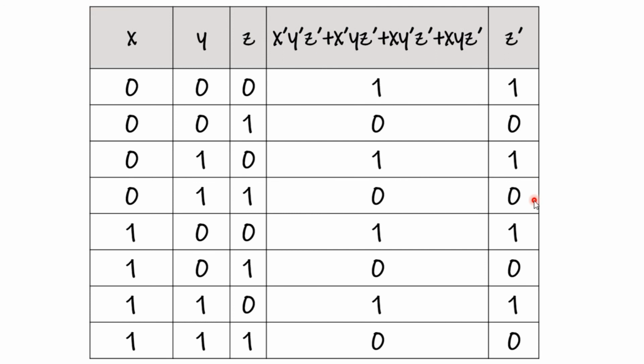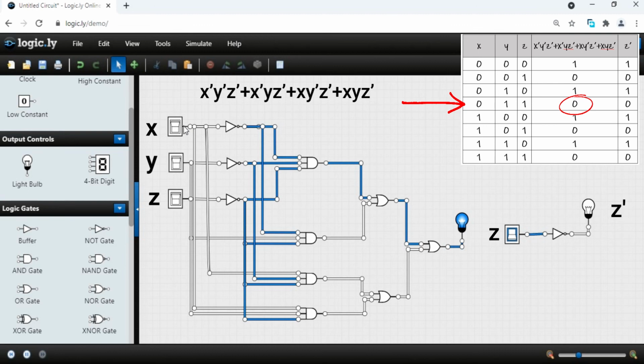Next, kung mag-input tayo ng X is 1 at YZ ay 0, 0, dapat mag-on yung bulb natin. So let's try. Ang kukunin nating sample ay X is 0, YZ is 1, 1. X is 0, off lang. YZ is 1, 1, turn on natin. So, nag-off siya. Ibig sabihin, correct yung logic diagram natin.